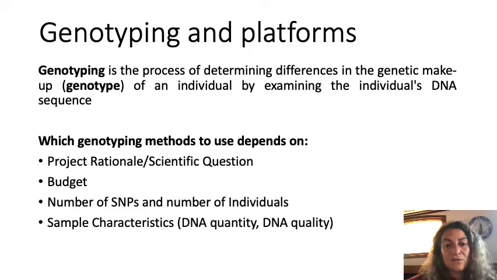It also depends on the project rationale or scientific question and mainly your budget. Related to that, of course, is how many SNPs you want to genotype if it is a genome-wide association study, and the number of individuals you would like to include depending on your study design. You will also be limited by your DNA sample quality and quantity.